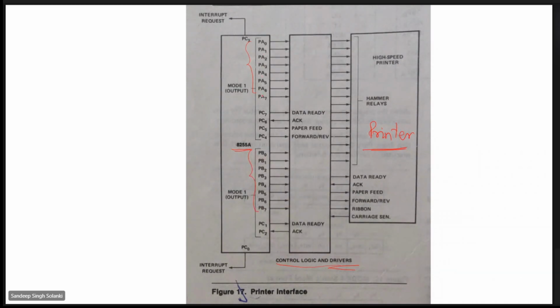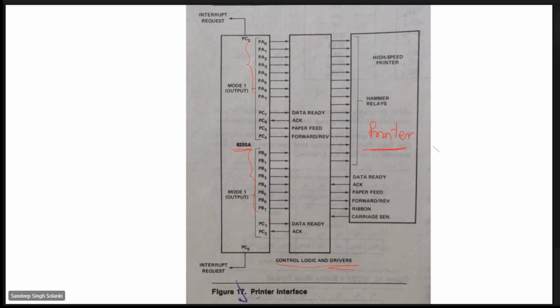You just see here, port A and port B are both being utilized for sending the data. So 16 bits are required by this type of printer. Now, the other part is your handshake, the handshakes.